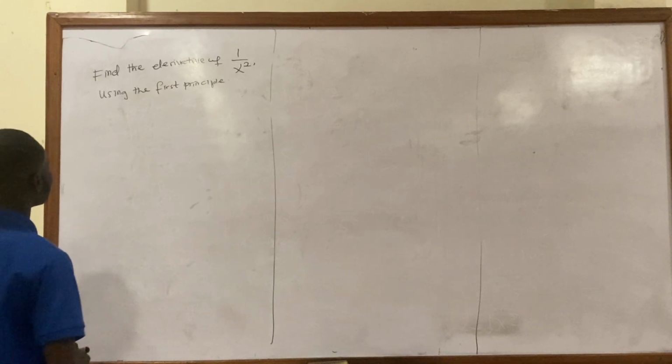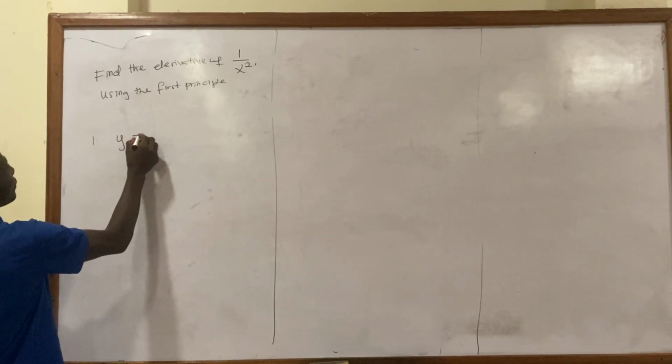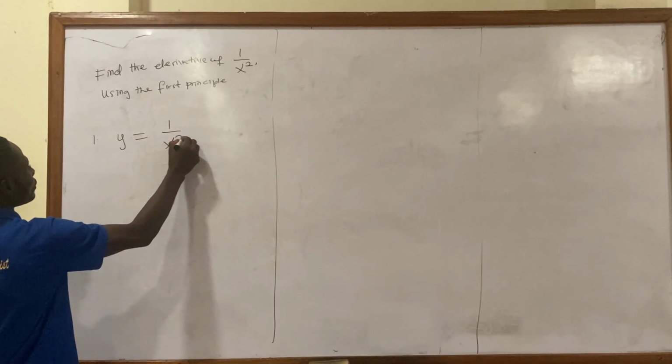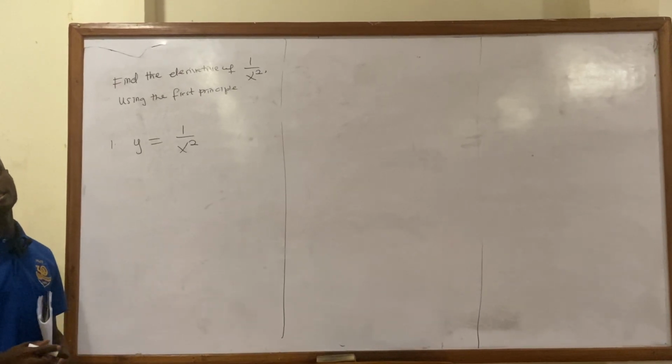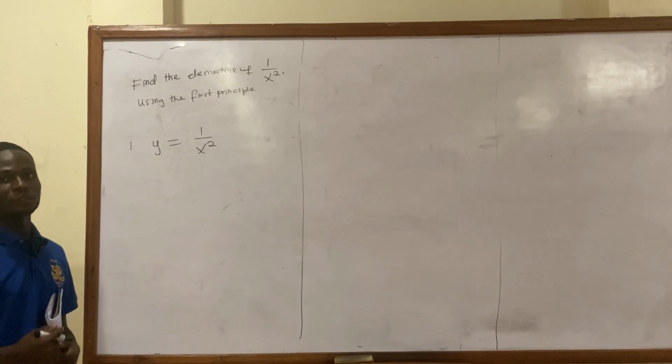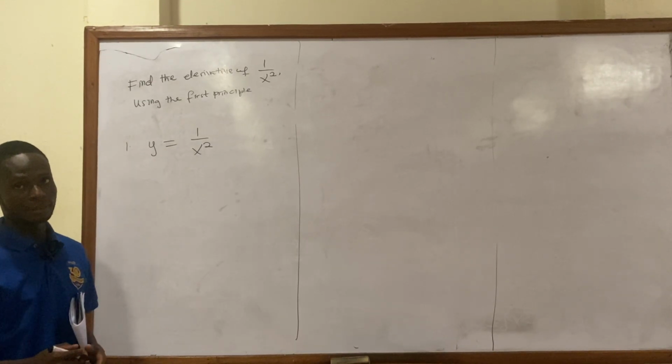This is our first question. Say y equals 1 over x squared. We want to use the first principle to work our way through this problem.